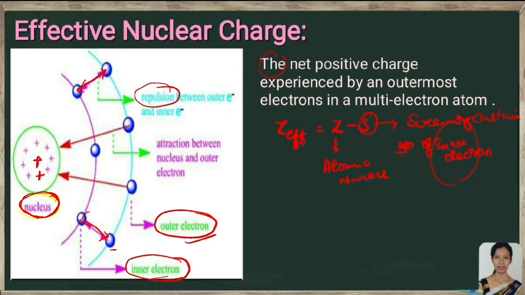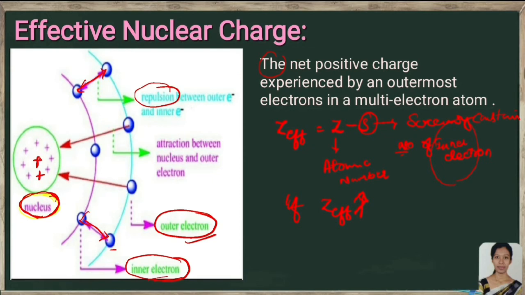So, when we are adding positive charge to the nucleus, which is concentrated at the nucleus, it can attract the electrons of the valence shell more effectively. If the effective nuclear charge is increasing, there will be a more attractive force between the nucleus and the valence electrons, so the nucleus can hold the outer shell electrons very effectively and the size of the atom decreases.